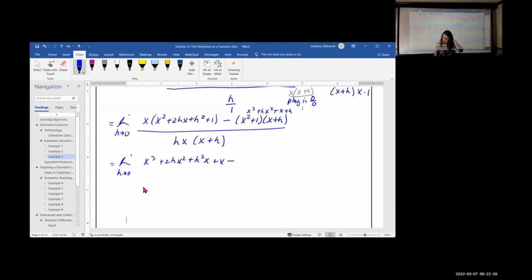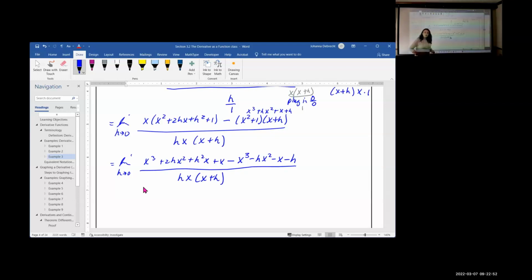And then the negative distributes over the whole thing and makes every term negative. So minus x cubed minus hx squared minus x minus h, all divided by the factors h, x, and quantity x plus h.